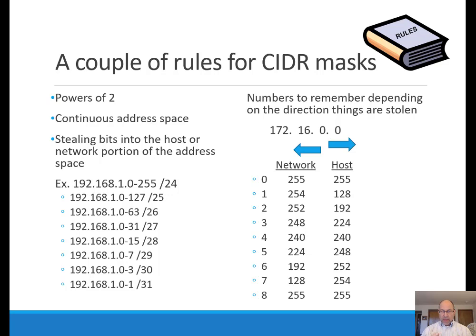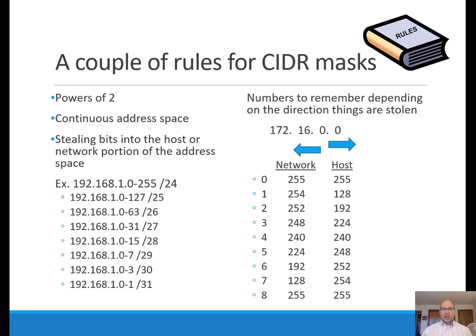When I start putting them back together again, I start putting together continuous address space. That's really important. If I start doing it in the supernetting direction, I put together 2 Class Cs, for example, 4 Class Cs, 8 Class Cs, and all of them will be in a continuous address space. You don't get to take a chunk from over here and a chunk from over there and put those together.